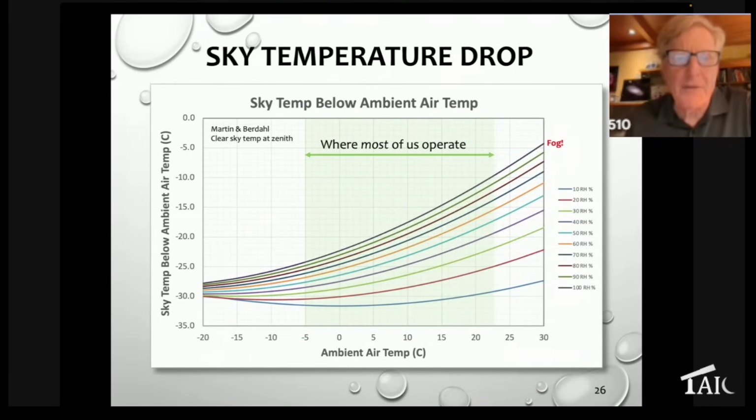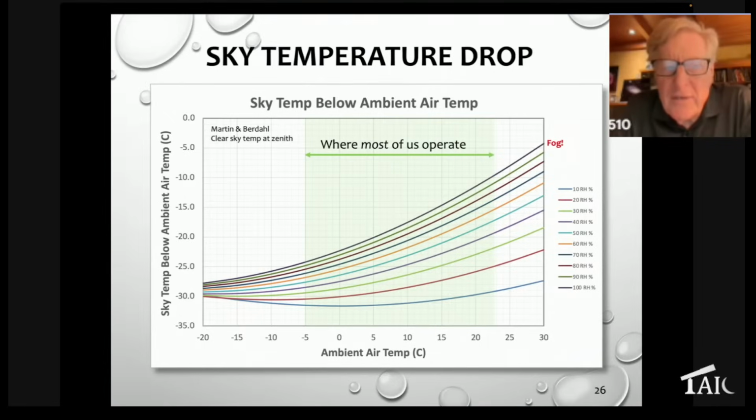And if we plot that a different way, if we just say, how much colder is the sky than the ambient air temperature? Well, you can see it here more easily. And I've created a green area there to show where most of us in the Northern Hemisphere operate, kind of -5 if you're hardy and up in Minnesota imaging in the wintertime, to those of us in the Northern Hemisphere where it's not full on desert, or the Southeast, where it's generally kind of in the low 20s or so.